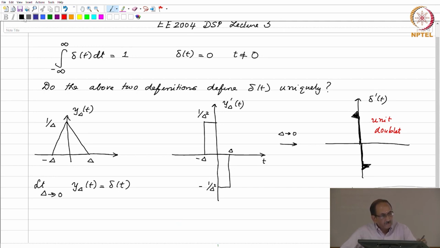Now clearly, for y delta dash of t, the area is what? It is 0.